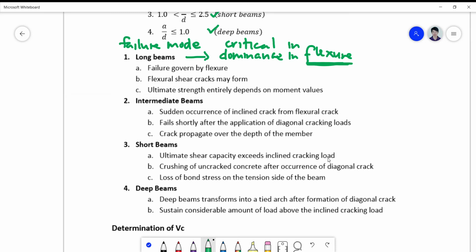Meaning to say, the capacity of your concrete to handle the shear force is already exceeded, and therefore your beam will crack in a diagonal manner. Inclined means diagonal. Crushing of uncracked concrete after occurrence of diagonal crack is likely to happen.